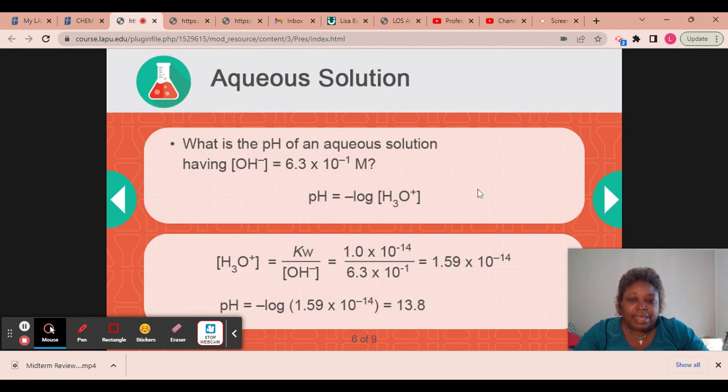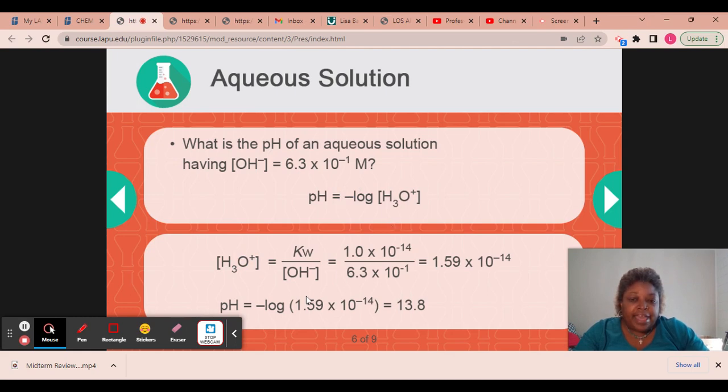And so let's look at an example here. We want to know what is the pH of an aqueous solution having an OH minus concentration of 6.3 times 10 to the negative 1 molar. And so the first thing we want to do is define the H3O plus concentration because the pH relates to that concentration.